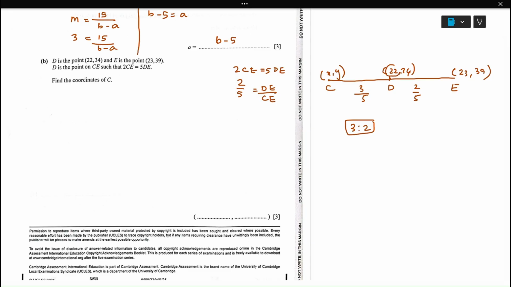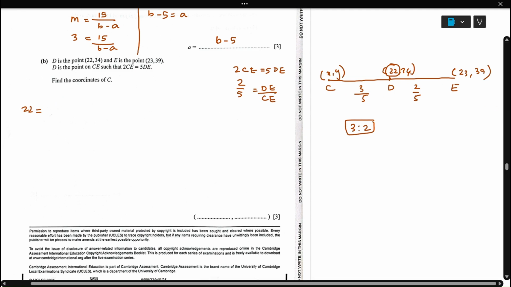First we'll take the x-axis. So 22 equal to ratio times x2, which is 3 times 23. So the formula I'll write here for x comma y.